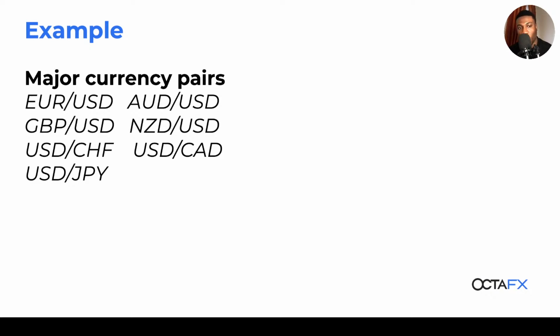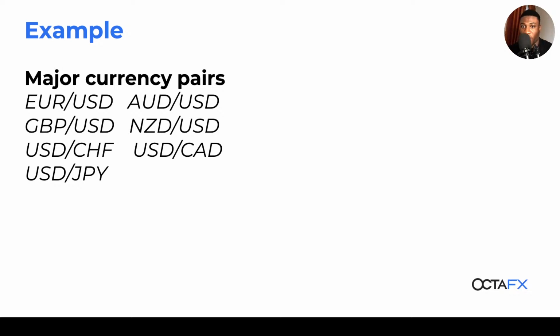We have USD JPY, the US dollar against the Japanese yen. We have AUD USD, which is the Australian dollar against the US dollar. We have NZD USD, which is the New Zealand dollar against the US dollar. And we have USD CAD, which is the US dollar against the Canadian dollar, right?